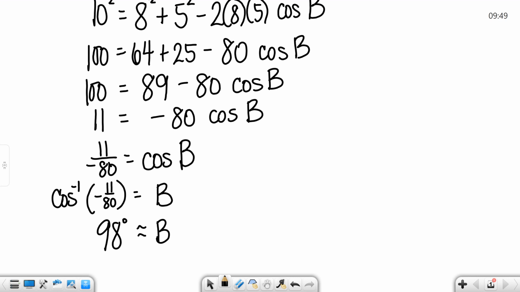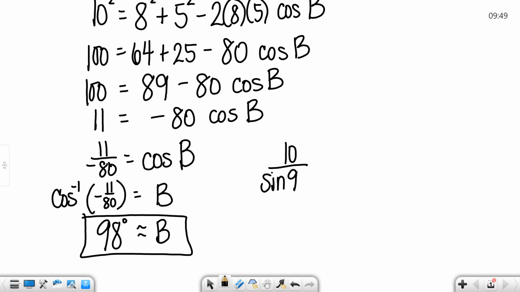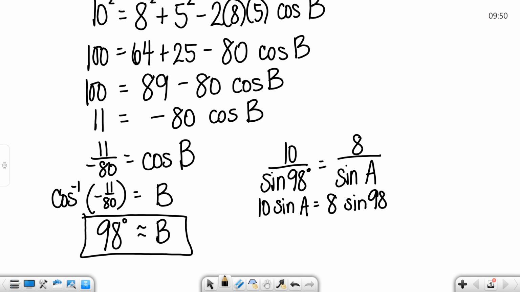All right. Once I know angle B, that's enough for me to be able to use law of sines now. So I can say 10 over the sine of that angle I just found, 98, is equal to, and let's say I want to find angle A, so I'll use 8 over the sine of A. Do all of my algebra before I type anything into my calculator.